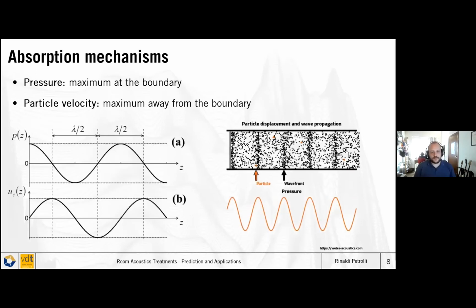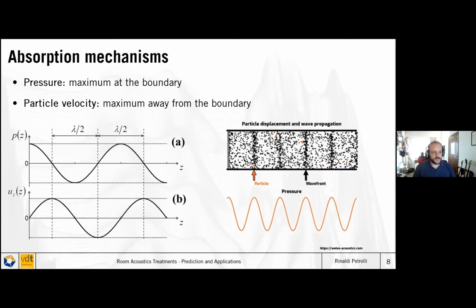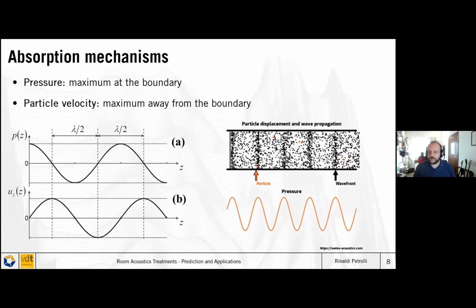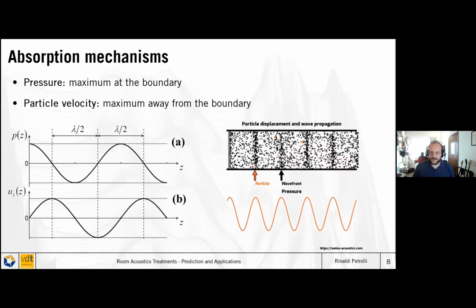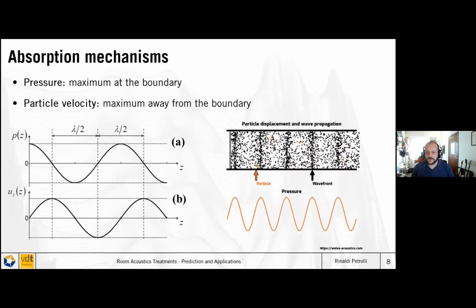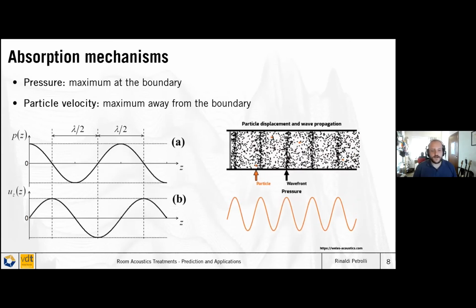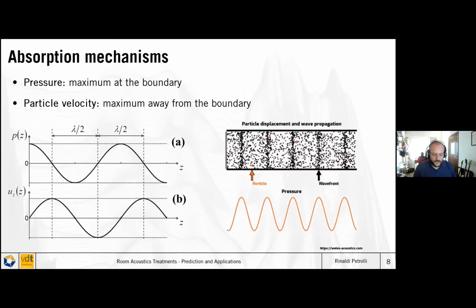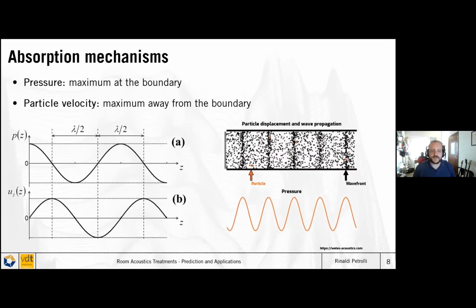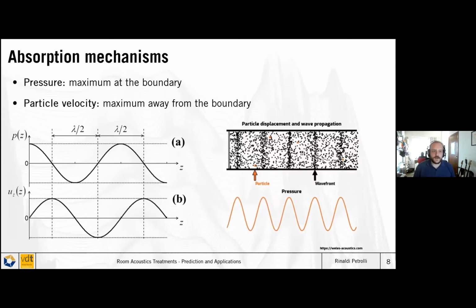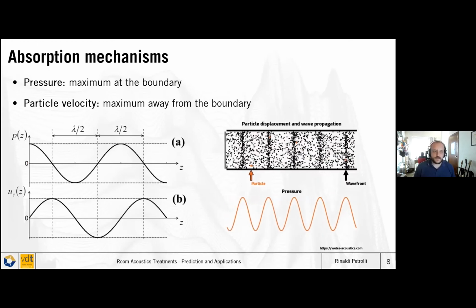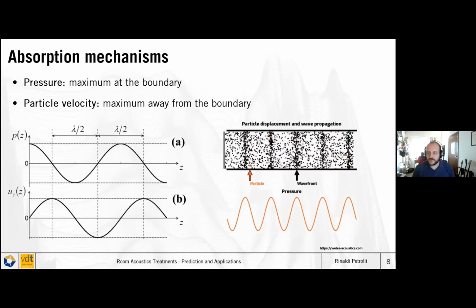And now I want to bring something up, which is a general rule of thumb for placing treatments. Now, this doesn't always have to be followed, but it's good to think about this when you are designing something. Whenever we are trying to damp a room and treat the acoustic field inside it, we have two main absorption mechanisms, which are either pressure or particle velocity.